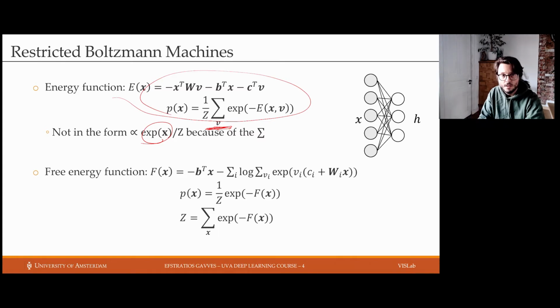We have to integrate them out because we don't really know what the right latent variable is. There is no right latent variable for our input. We have a distribution of latent variables. So that we bring the restricted Boltzmann machine into a familiar and comfortable energy-based form, like an exponential over a partition function, we can rewrite the numerator and the denominator in terms of a free energy function, and then everything is peachy again.